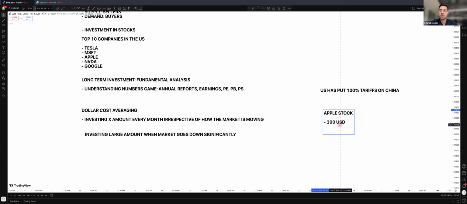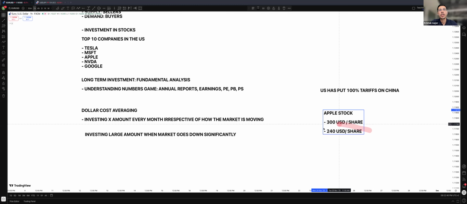Now, the US is putting tariffs on different countries. This is what has happened in the markets in the past couple of years. When the US started to put tariffs on different countries, the market crashed by 21%. What does this mean? Apple stock might have gone from 300 to 240 US dollars a share.